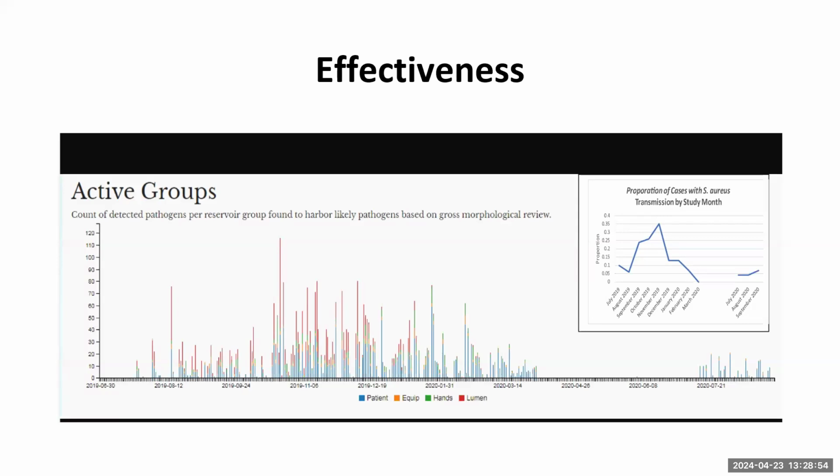That would be our anesthesia machine, the adjustable pressure limiting valve, and the agent dial. Then you see green, which are provider hands, before, during, and after care. And then you see red, which is the lumen, the intravascular device primarily used for the administration of the intravenous anesthetic agents during the case.